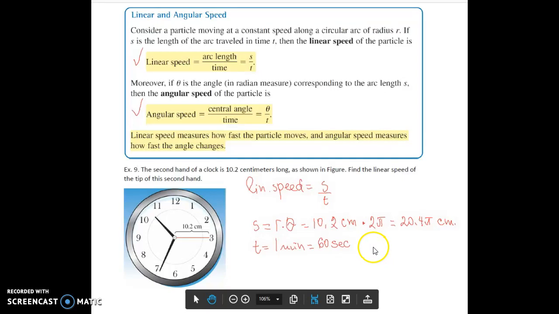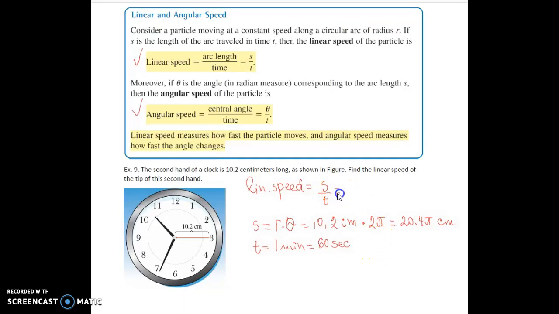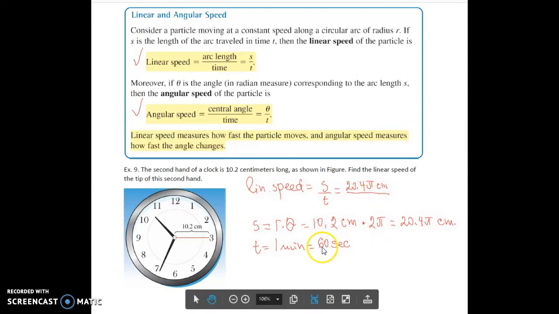I think we are ready to find that linear speed, guys. The arc length S is equal to 20.4 pi centimeters, and then the time is equal to 60 seconds.